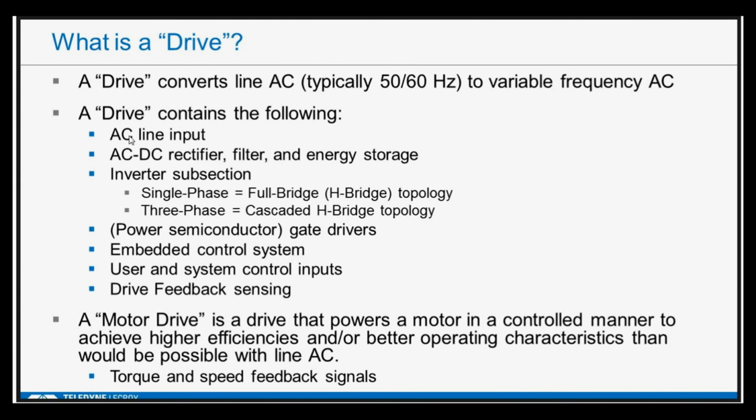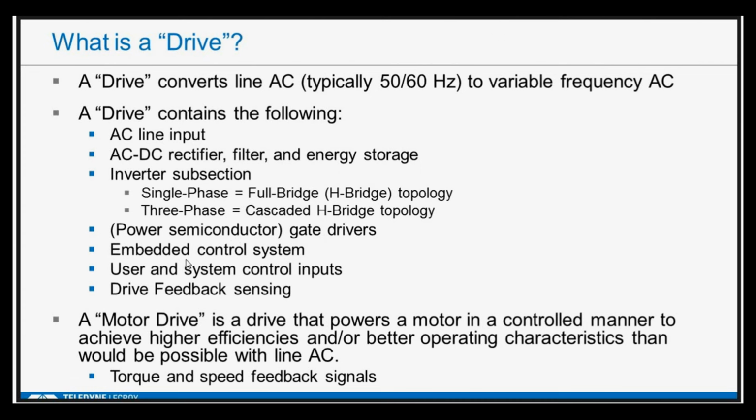So a drive contains the line input or the battery input, some rectifier section with filtering and energy storage. There's the inverter subsection, which are those bridges that we talked about before. The gate drivers, that is the information that tells the inverter subsection to switch in a certain way.